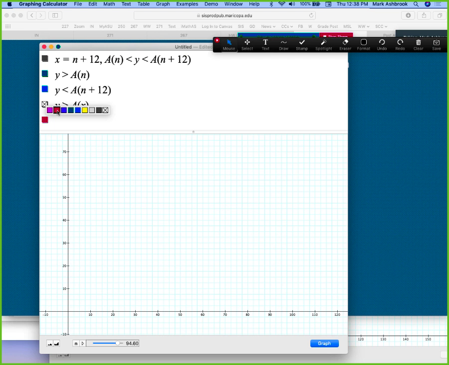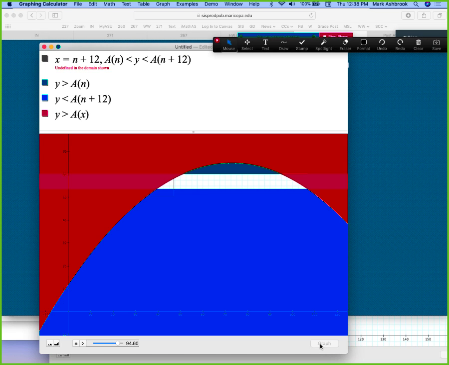Ooh, red, it's going to be pretty intense. So y greater than A of x, well, it's going to take every individual x value and get every individual corresponding y value, and all the points whose y values are greater than those for every x.